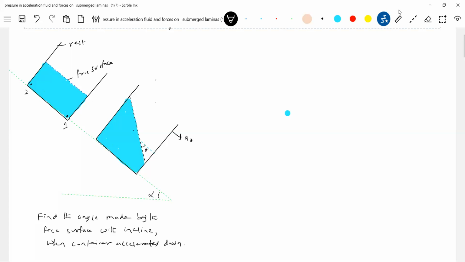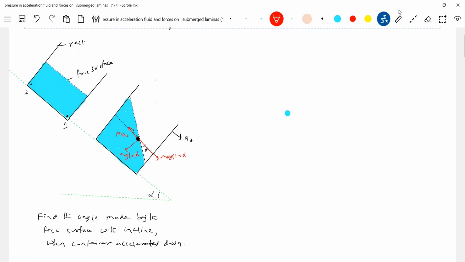Let's get into this one. Let's take a small elemental volume of liquid. What are the forces on it? mg sin alpha, mg cos alpha, then m a naught.